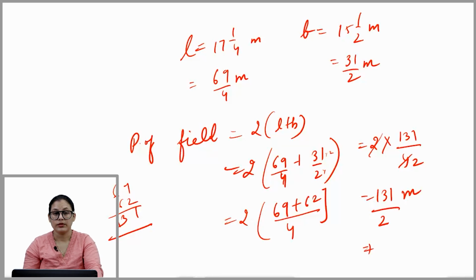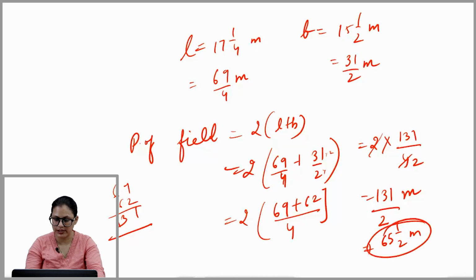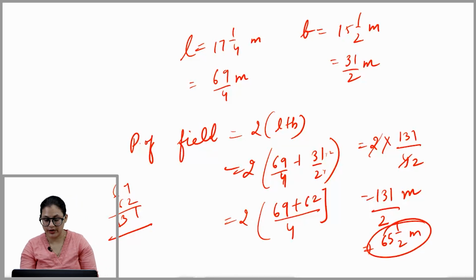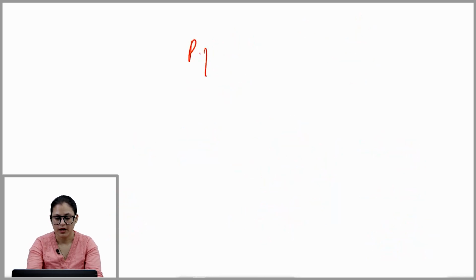Now you will have to convert it into what? Mixed number. 2 6s are 12, 2 5s are 11, 65 whole 1 by 2 meter. So this is the perimeter of the field. Now you also have to find out the perimeter of the house. House is in square shape, and perimeter of house is 4 into side.